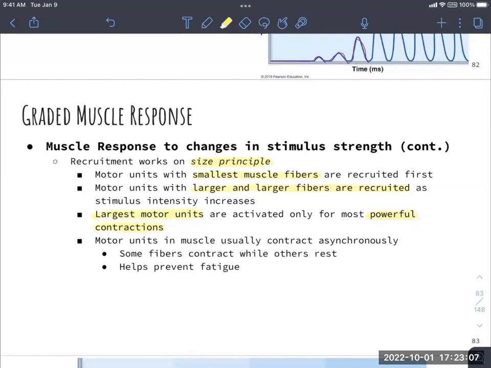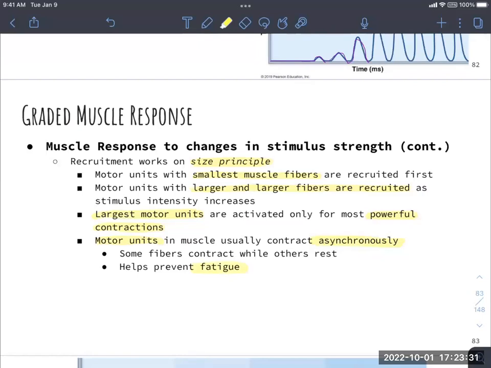Those motor units tend to contract asynchronously because it helps prevent fatigue. As I said, when you contract a muscle, some muscle fibers are contracting while others are not. We're trying to prevent fatigue for as long as we can in our muscles.